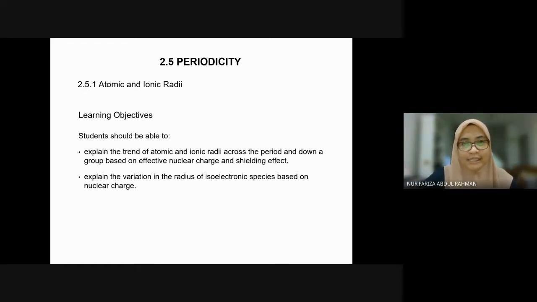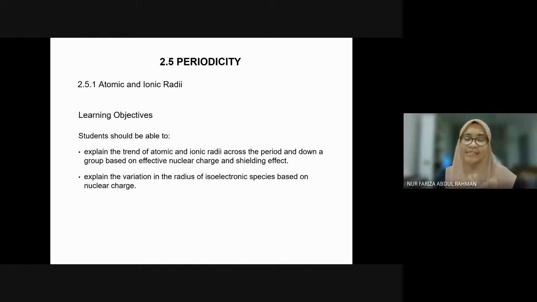Okay, periodicity. What we have learned earlier is how to locate the elements in the periodic table, how to determine the valence electron, to know the group, to know the block the elements come from, and then to predict the electron being removed, the sub level, basically all of that.